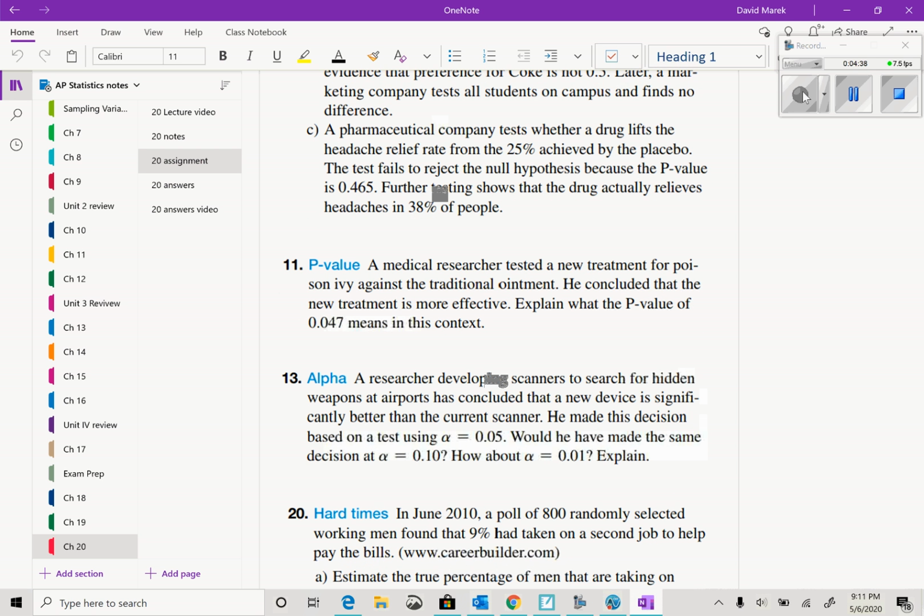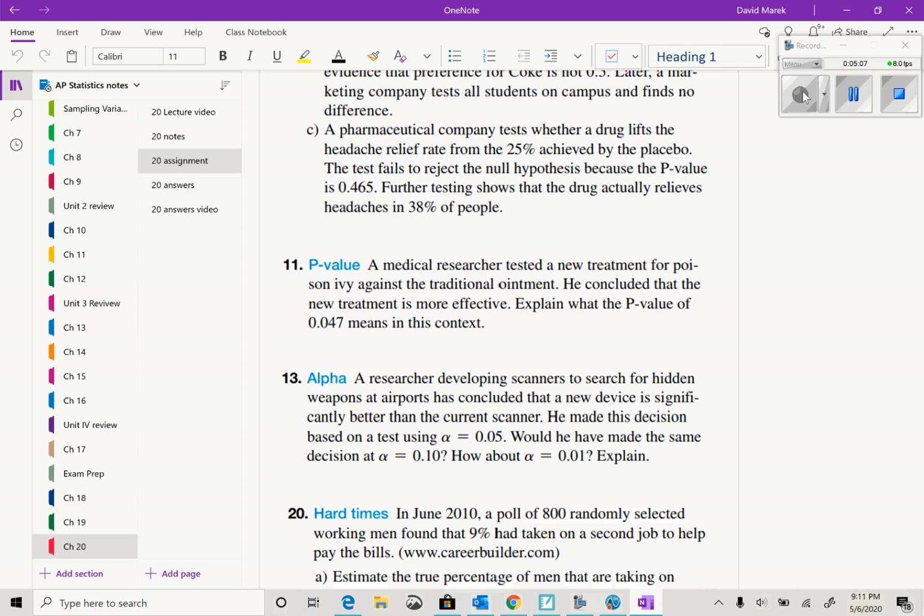For number 11, a medical researcher tested a new treatment for poison ivy against traditional ointments. He concluded the new treatment is more effective. What does the p-value of 0.047 mean in this context? Again, for those of you going through with the AP exam, you have to show evidence of your understanding of the concepts here.